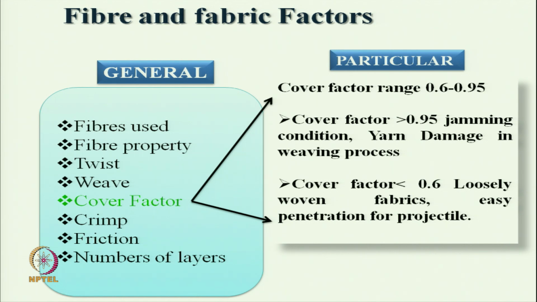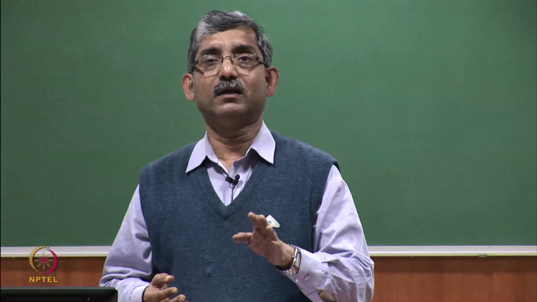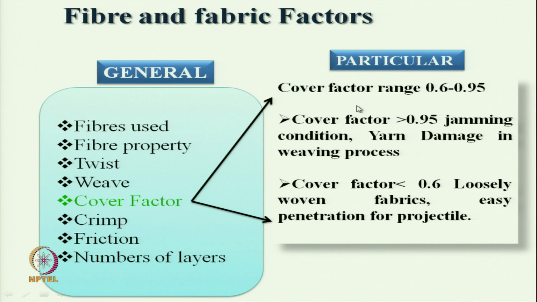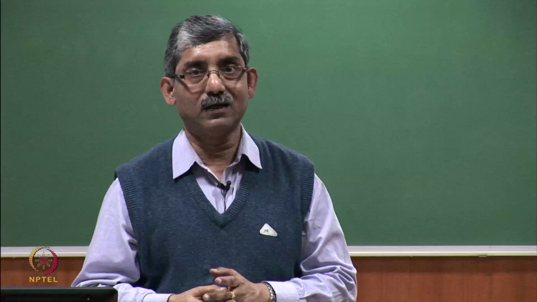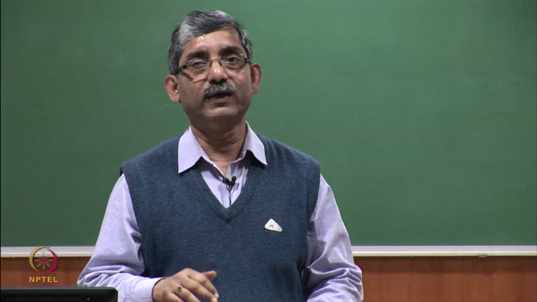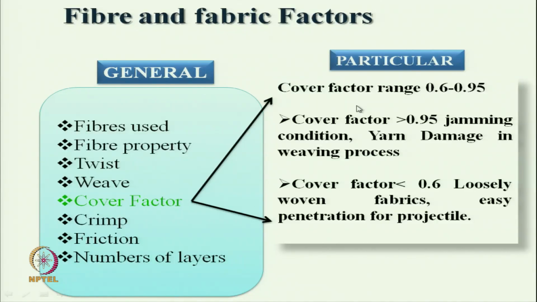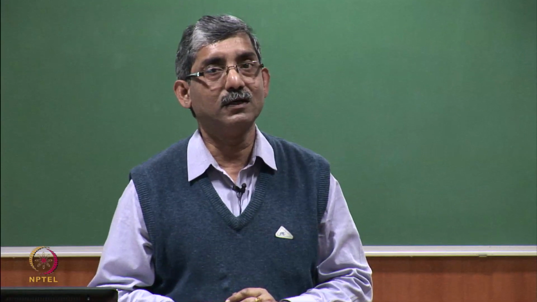So, once we try to increase the cover factor, that means by keeping the warp yarn and weft yarn very close, particularly the warp yarn, if we keep the jamming condition during the weaving, due to the up and down motion of the thread, there will be rubbing of the warp yarns against each other.